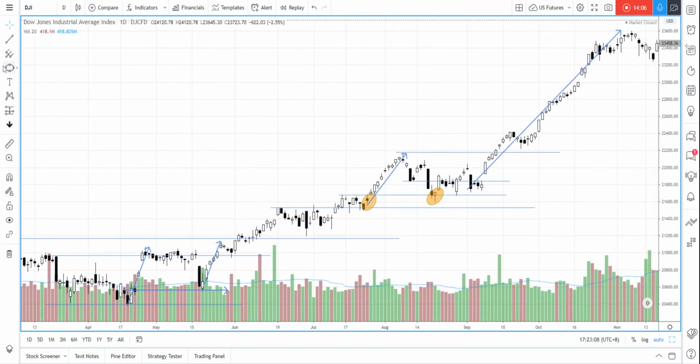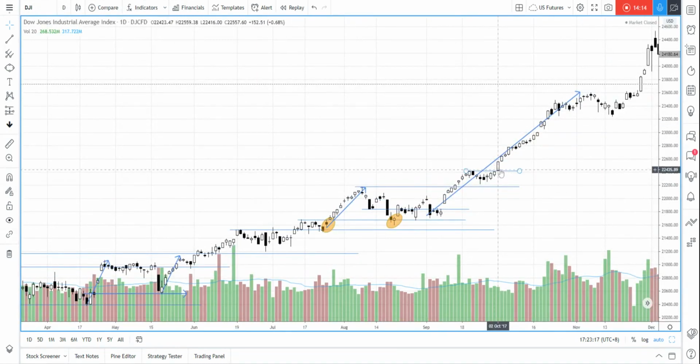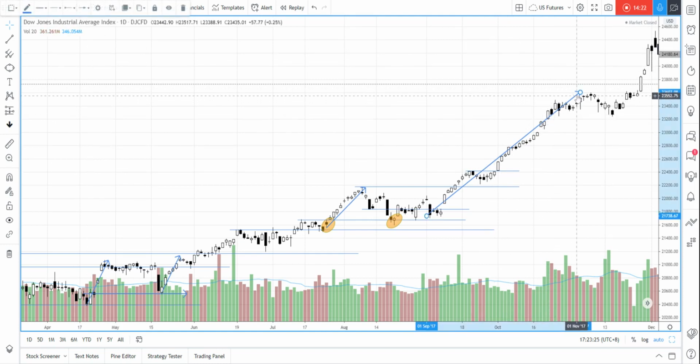And subsequently you can see that if we draw up this swing high, then after you break this, it actually didn't really look back and trended up very nicely, and we have a very strong uptrend. So this kind of swing trade can last pretty long.